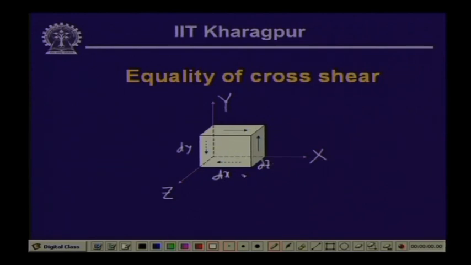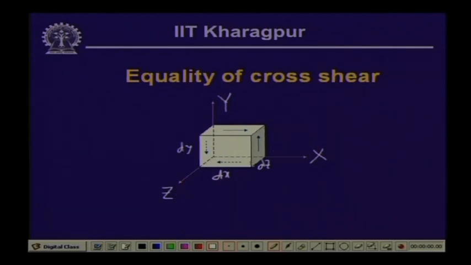If we like to take the moment of all the forces about z axis, in this particular figure only the forces which have relevance while taking moment about z axis have been taken into account.